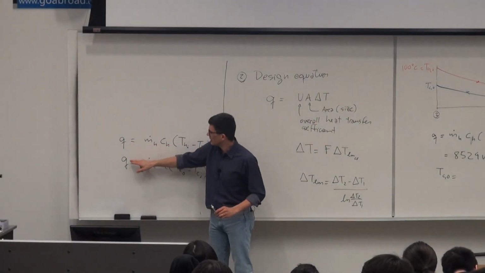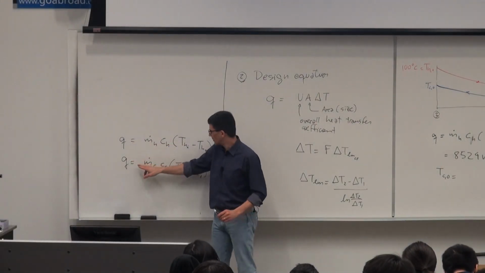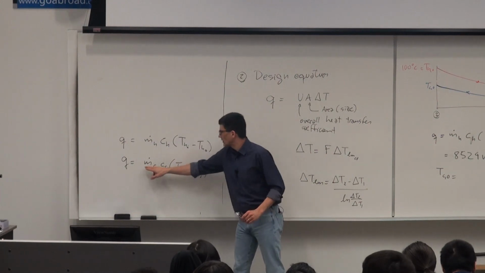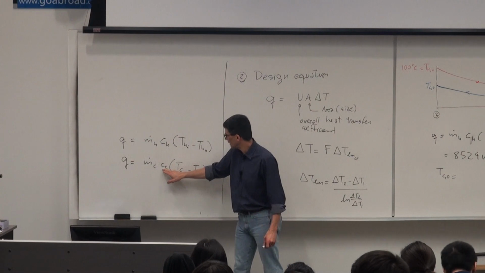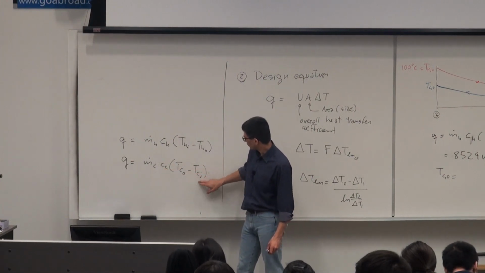If you know that this heat in is the same as the heat out, now we go to the cold fluid. We know the flow rate. We know the specific heat, right? We know what temperature is coming in.